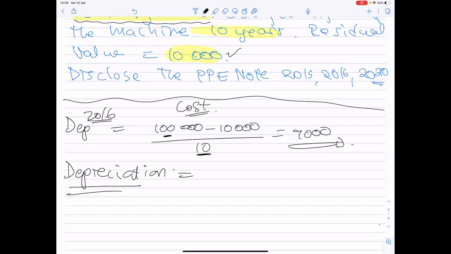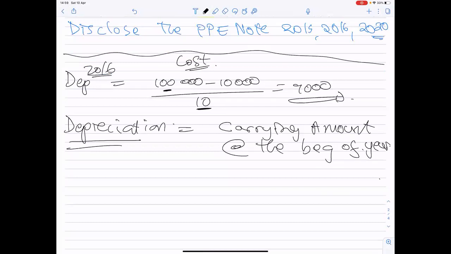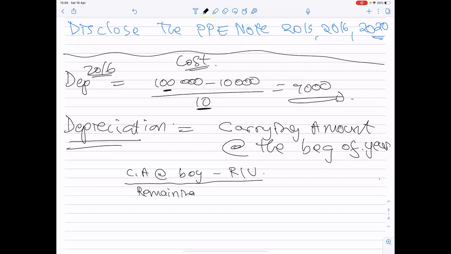But if you are going to calculate your depreciation based on the carrying amount at the beginning of the year, you are going to say carrying amount at beginning of year minus the residual value divided by the remaining useful life at beginning of year.